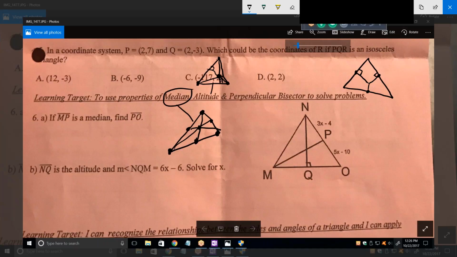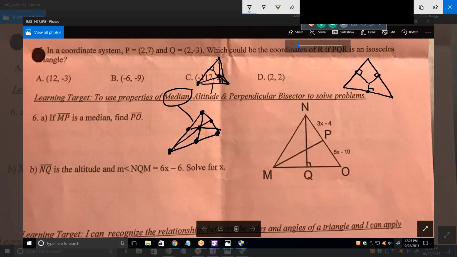That is a perpendicular bisector. It's not bisecting the angle, it's bisecting the side. And it's perpendicular from that point. And that is different than a median, and it's also different than an altitude.